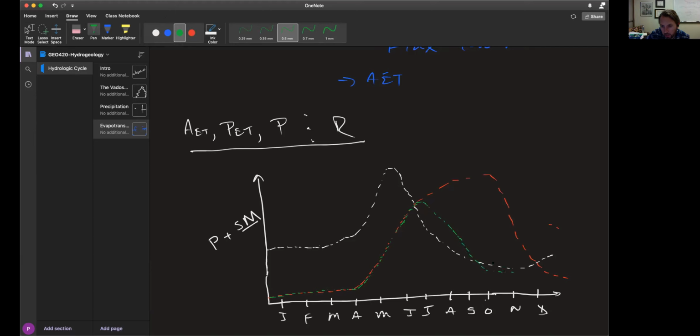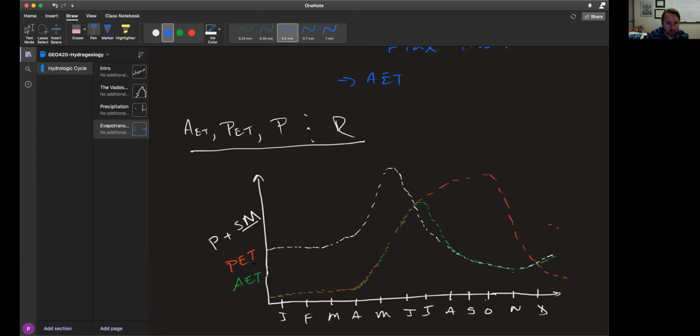Basically during this period, it should come right back down pretty close to the value of precipitation, and you're losing almost all your water to ET, but the AET is basically just equal to precip. Okay, so I should write these. R, or red, is PET, green is AET.